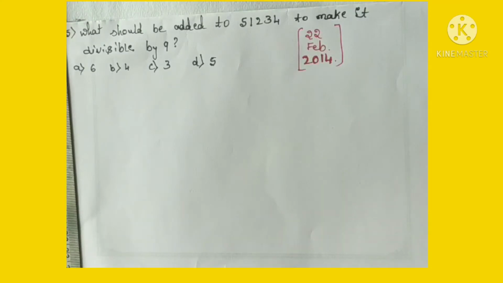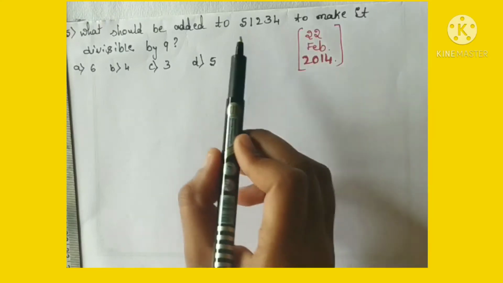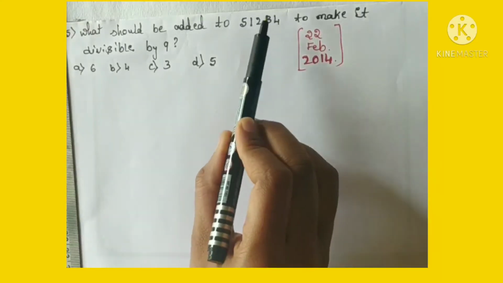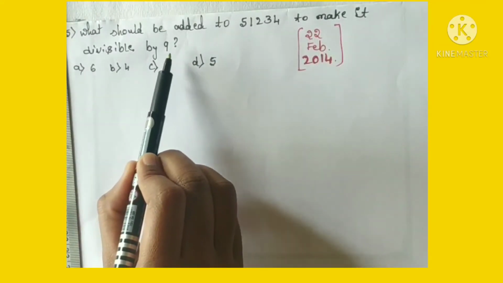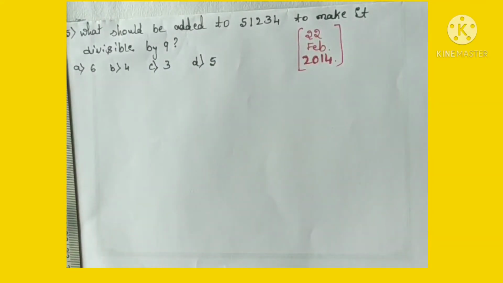This question says what number we have to add to this given number so that it satisfies the divisibility rule of 9. For this, I just apply the divisibility rule of 9 and add the numbers given in the options so that it satisfies the condition.